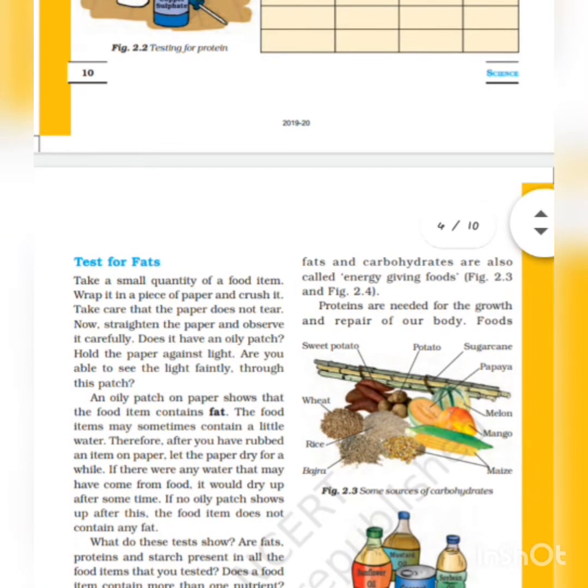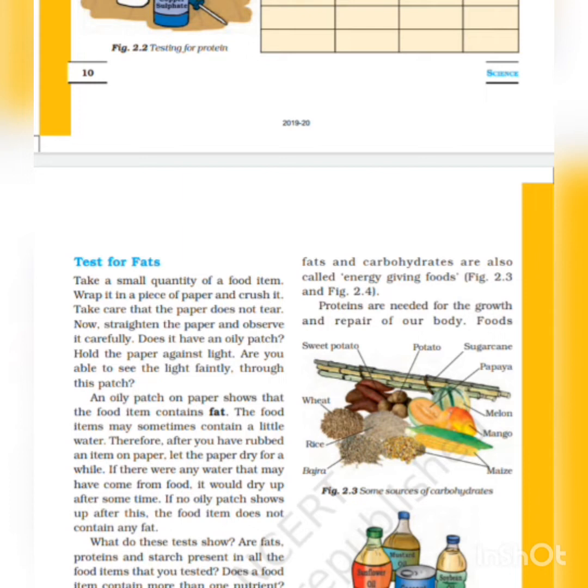Now for fats also, how can we check? Take a small quantity of food item, wrap it in a piece of paper and crush it. Take care that the paper does not tear. Now straighten the paper and observe it carefully. Does it have any oily patch?